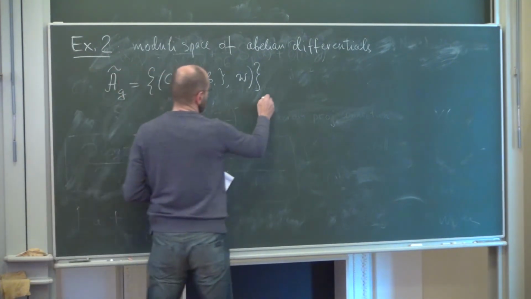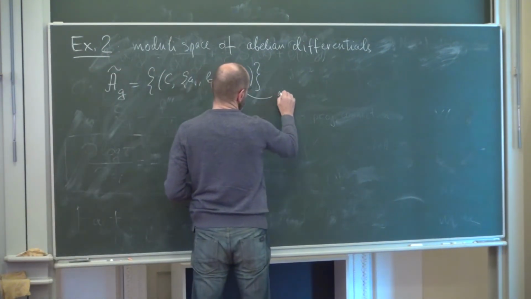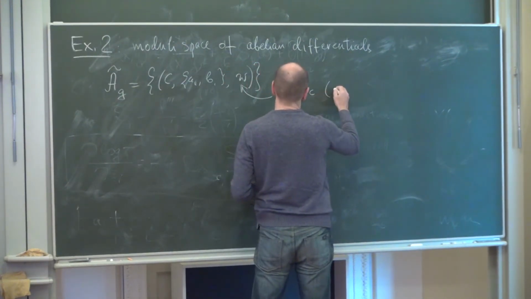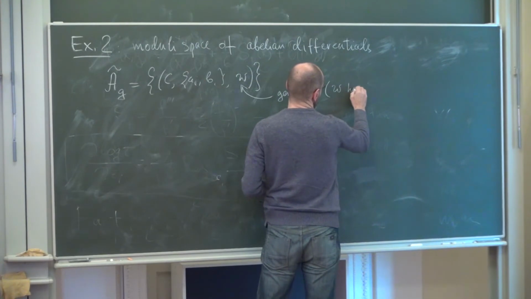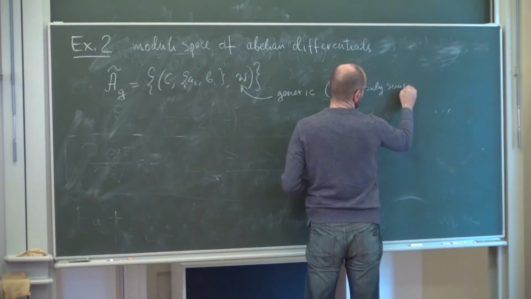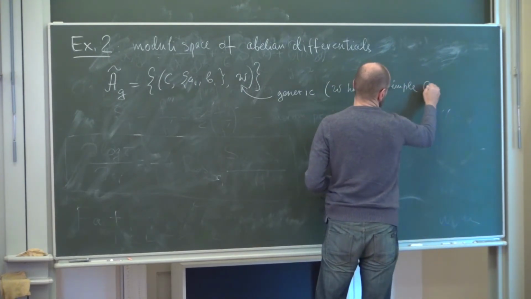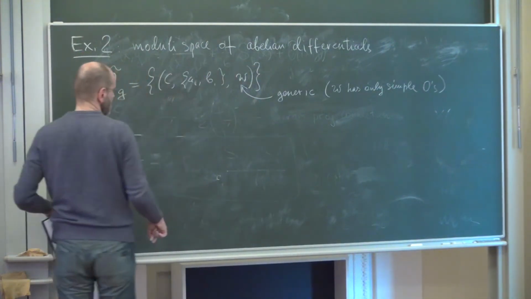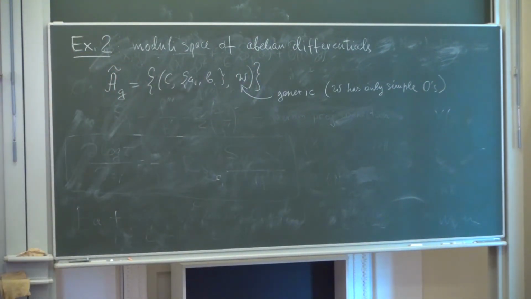And we again assume that it is generic, that means that it has only simple zeros. And the number of zeros is well known by Riemann-Roch. It's 2g minus 2.